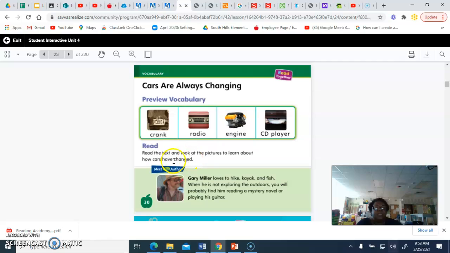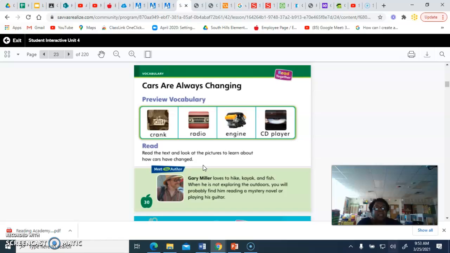And it says read the text and look at the pictures to learn about how cars change. So think for a minute about how cars change and how they're different. Maybe you've seen some old timey type cars from a long time ago. And then think about the new cars and how they're the same and how they're different.